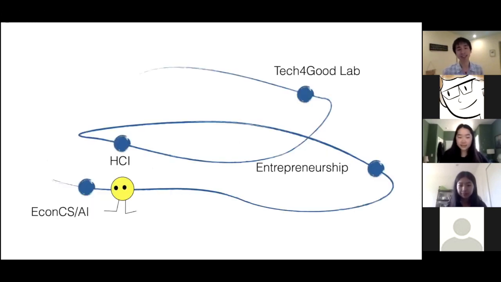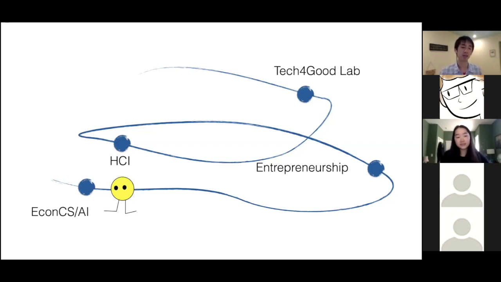So my journey, I drew this diagram just to convey that my journey was chaotic, and it was chaotic before. This diagram is just for my PhD. I started off doing more mathematical work in modeling and algorithms and econ CS and AI.